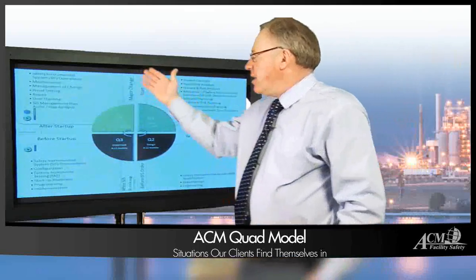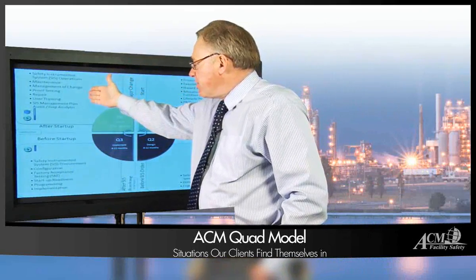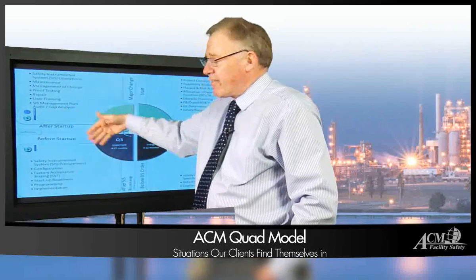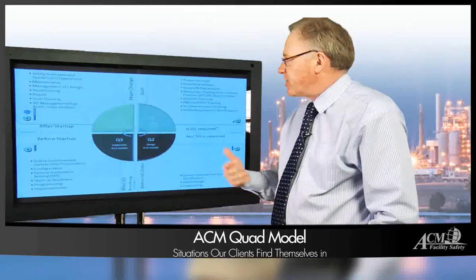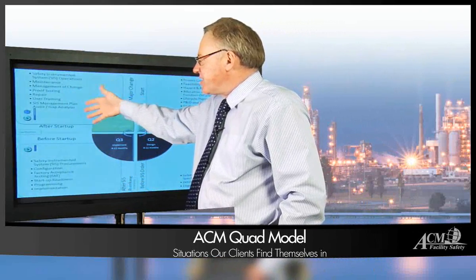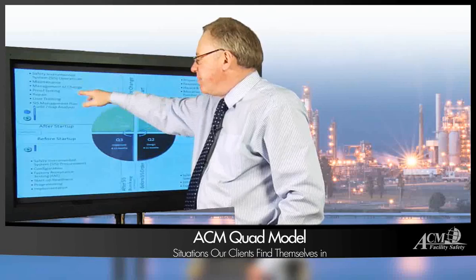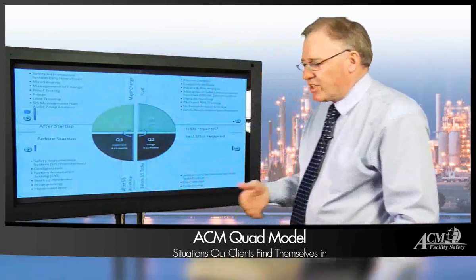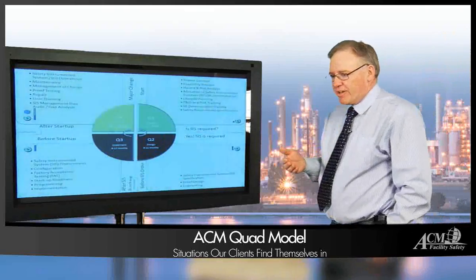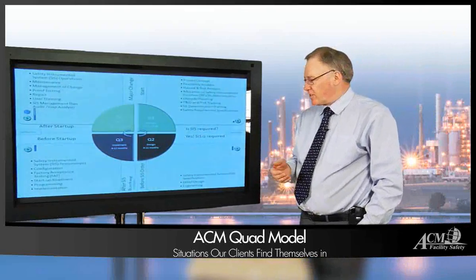So when they're in operations and maintenance mode, we can go in at any time and perform an audit or gap analysis after they start up, just to make sure that things are going well, that the equipment they're supposed to be testing is tested on a certain frequency, and that if they do any changes, those changes are documented, and that the functional safety is checked to make sure it is intact.